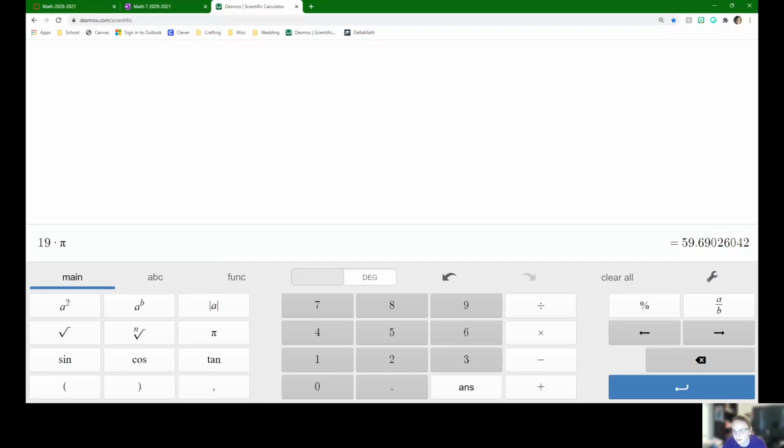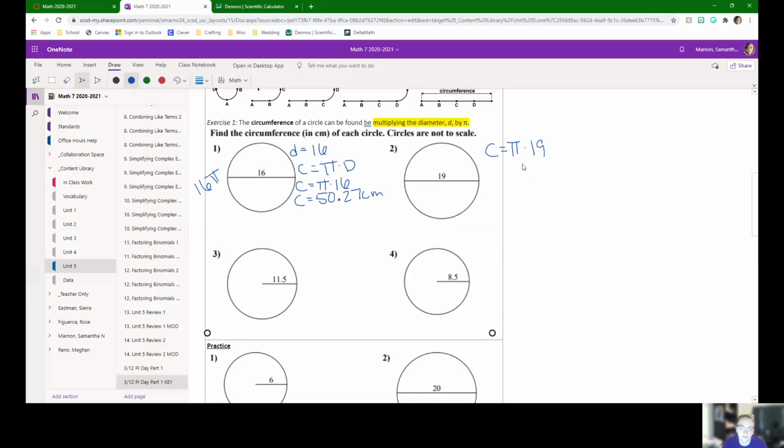If we want to stop it at 2 decimal places, we have 59.69. The next number is a 0, so we're going to let it go and leave it at 59.69 centimeters. If you were measuring all around this circle, it'd be 59.69 centimeters. If we unwrapped it like this graphic above, that's what we're talking about.